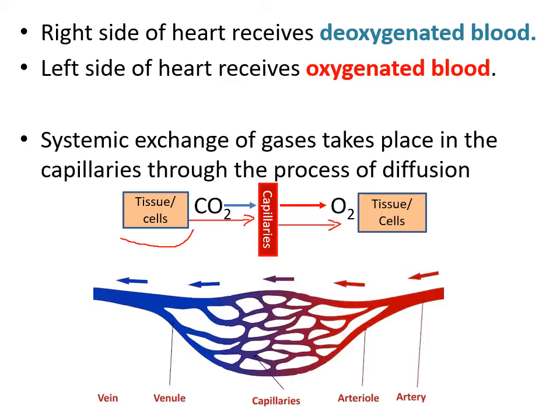That's how the exchange of carbon dioxide and oxygen takes place. Here the oxygenated blood comes through the artery, and in the capillaries there is an exchange of oxygen and carbon dioxide. The used carbon dioxide will go into the capillaries, and the oxygen from the capillaries will go into the tissue and cells.